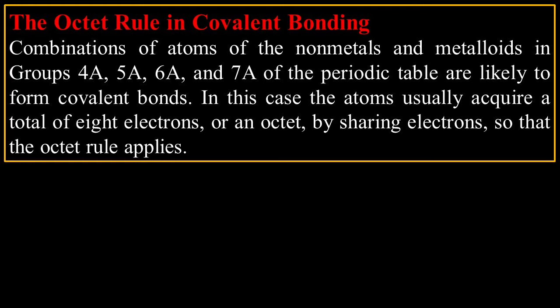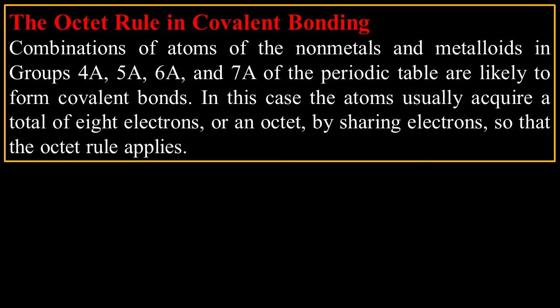Combinations of atoms of nonmetals and metalloids in groups 4A, 5A, 6A, and 7A of the periodic table are likely to form covalent bonds. In this case, the atoms usually acquire a total of 8 electrons, or an octet, by sharing electrons, so that the octet rule applies.